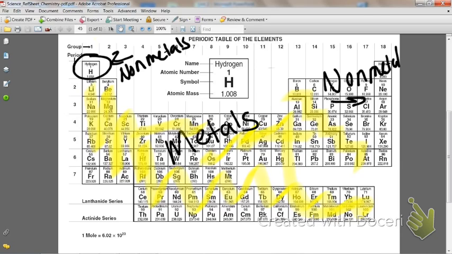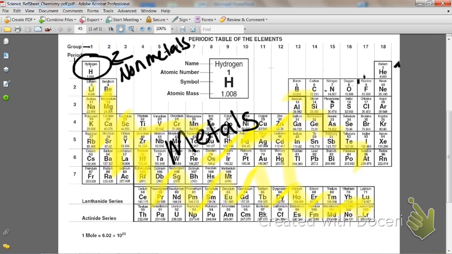Okay, so make note of that. Hydrogen is indeed the only exception. Everything else, though, to the left of that dividing line is a metal. And everything right of that dividing line is a non-metal. Make sure that you memorize that dividing line and know it well for the quiz.